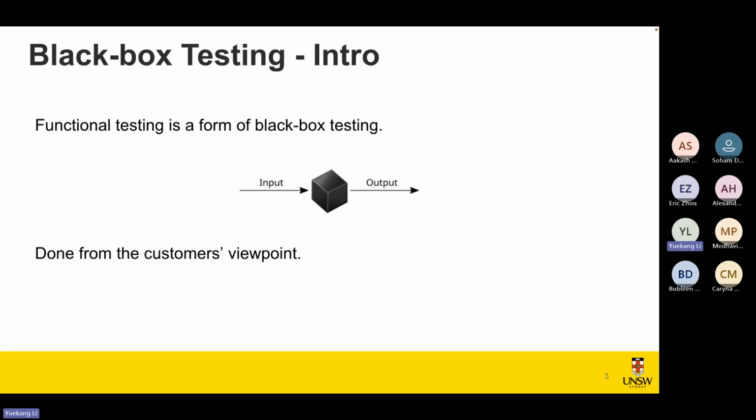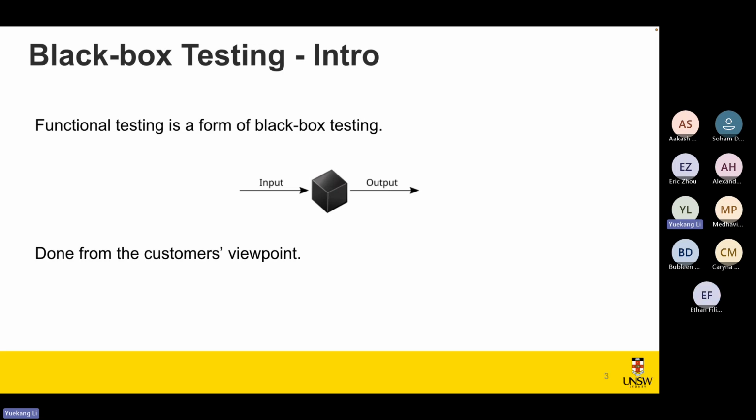Because we have no access to the internals of the tested target, it is kind of like we are doing the testing from the customer's point of view. Customers don't care about how the product is implemented, right? And they don't have access to the source code of the product. So it is done from the customer's point of view.